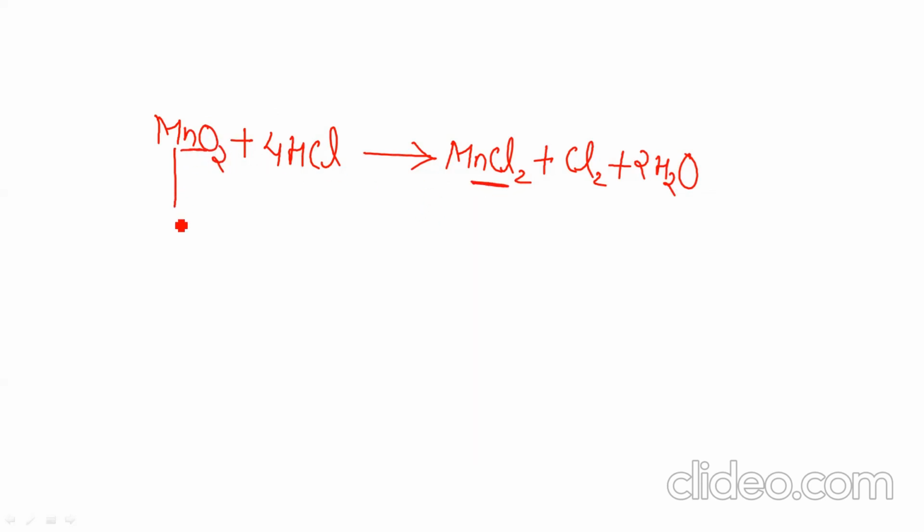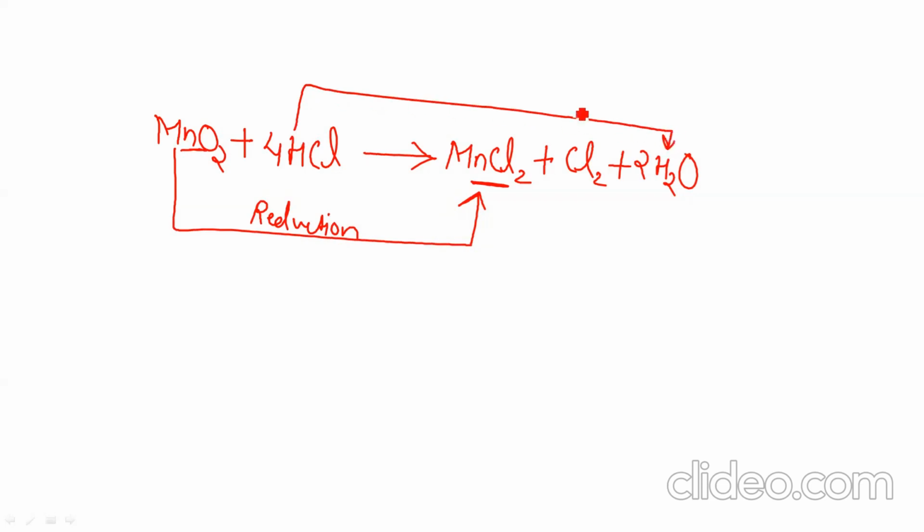So here Mn is undergoing reduction, while hydrogen is added with oxygen, so it is undergoing oxidation. In a single reaction you will always see an oxidation and a reduction. These types of reactions are known as redox reactions. One more example: ZnO plus carbon.